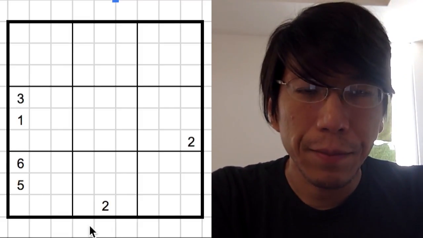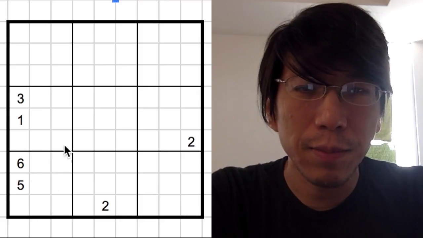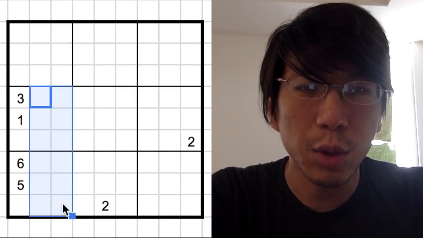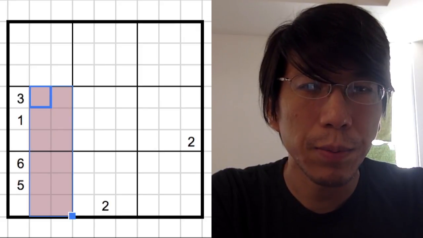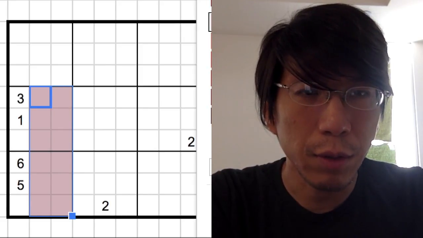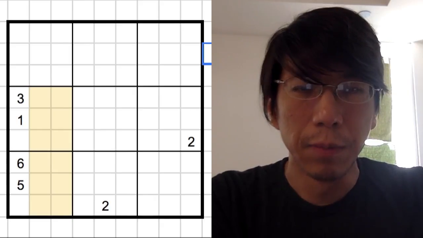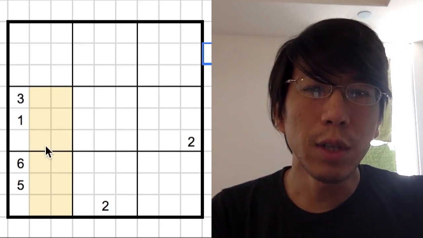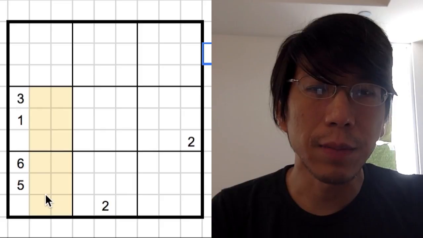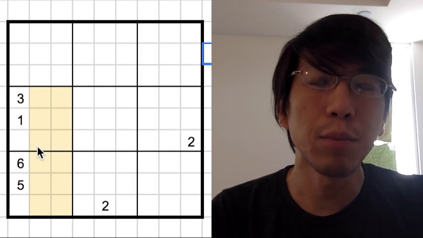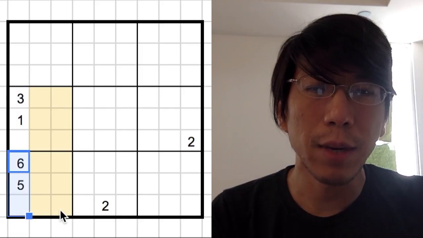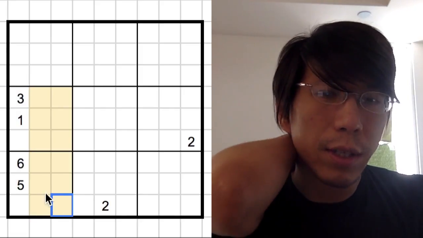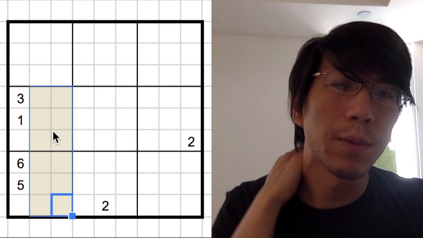So if we look at those two blocks right here, let me highlight this whole row, maybe in a different color. In this whole row, you can see that's where we can put two. Two cannot be anywhere here and two cannot be anywhere here. So there are only those places for two.